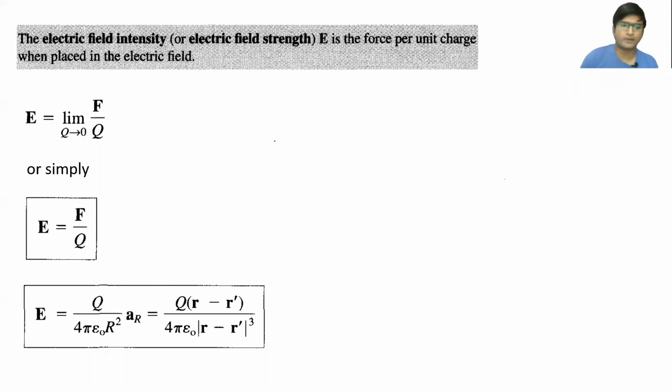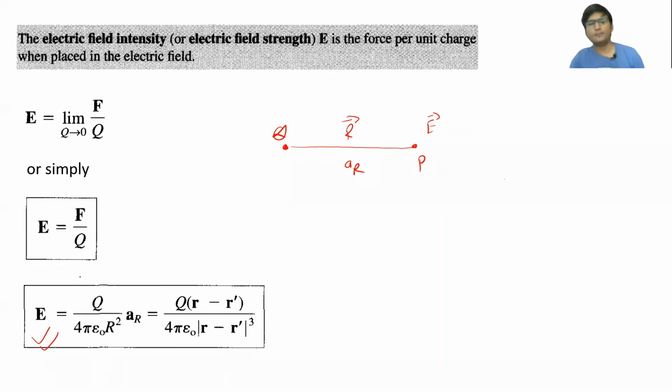Let me quickly summarize the things. Suppose there is a charge q at any particular point, and there is another point P where you want to calculate the electric field due to this charge q. If you join these two points, we get a vector r from q to P, and the unit vector along this line is AR, then we can say that the electric field at point P due to charge q is given by this.